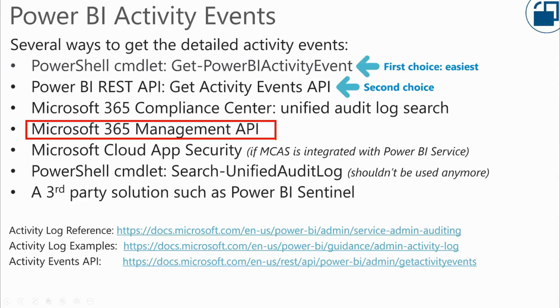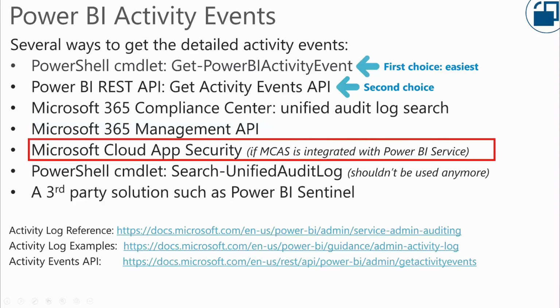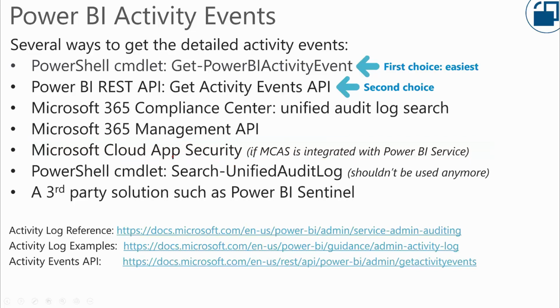Getting at it from the Microsoft 365 Management API might be more efficient for you, because you kind of go after it in one go, but you need elevated permissions. If we've integrated Cloud App Security with Power BI Service, we do actually see the audit data over there. But the documentation says that, quote, most audit log data is included. I don't know yet what might be missing from Cloud App Security, so I don't really use it for this purpose. But it is a place to view it.